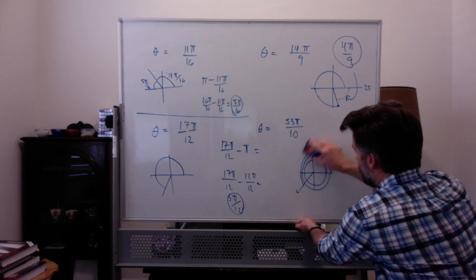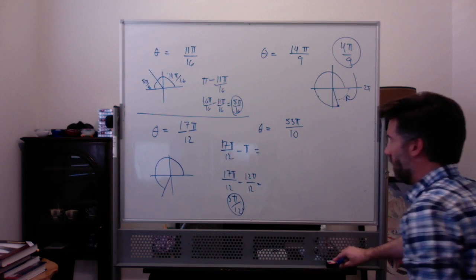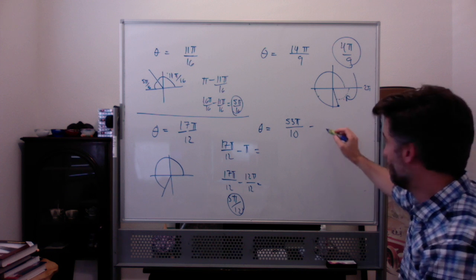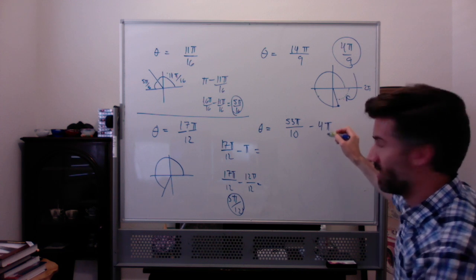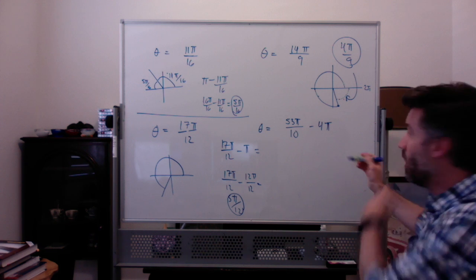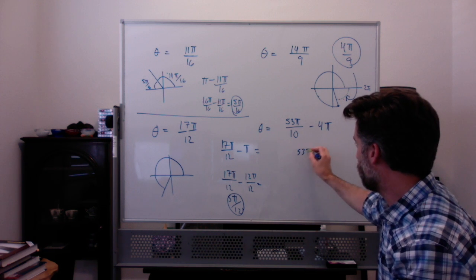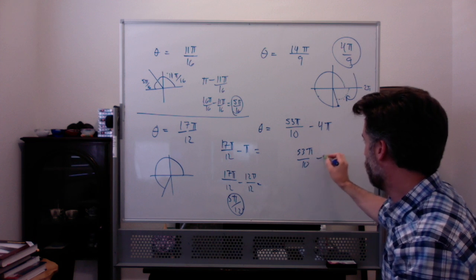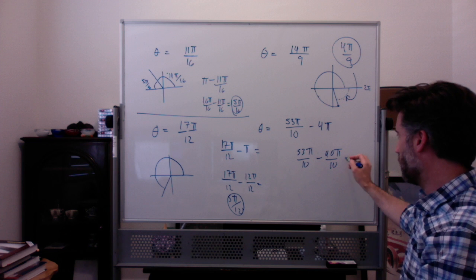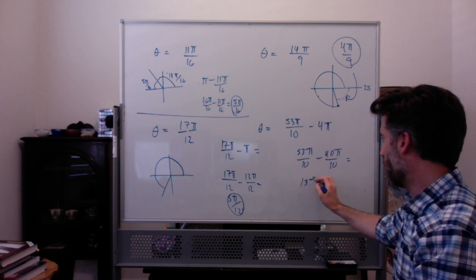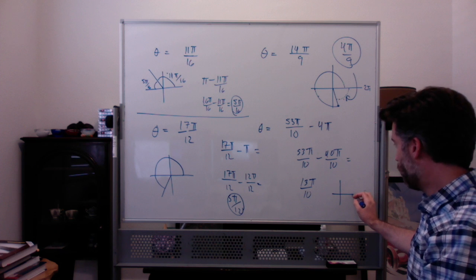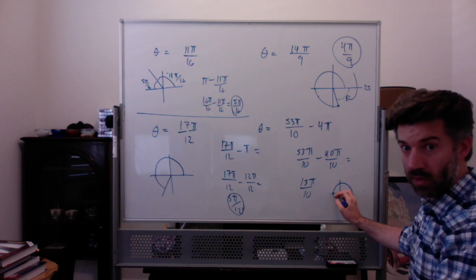Alternatively, you can subtract off as many 2 pi's as you want. So I'm going to subtract off 2 pi twice. So I'm going to subtract 4 pi because that's just 2 full revolutions. It doesn't actually change what the reference angle is. And that's going to give me 53 pi over 10 minus 40 pi over 10. 53 minus 40 is 13. And 13 pi over 10, like my picture was showing, there's 10 pi over 10, or 1 whole pi.